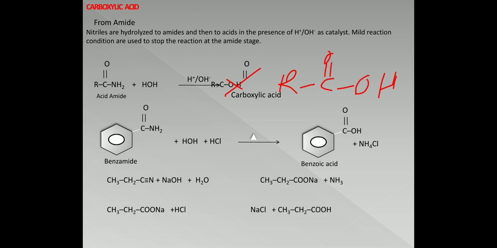Here is another example: CH3CH2C≡N when treated with NaOH, this is alkaline hydrolysis. So first, as usual, it forms this salt, and this salt will undergo hydrolysis with HCl and convert into the carboxylic acid. This reaction.